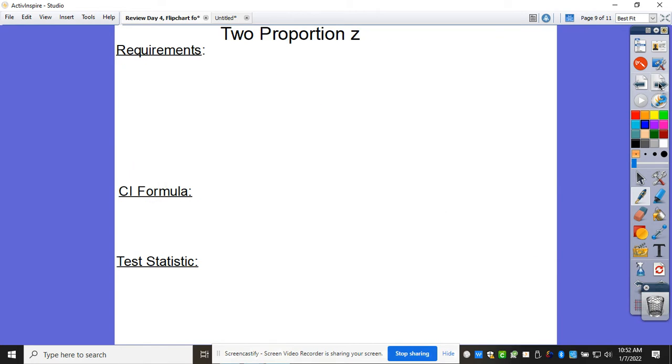At two proportion Z, how's it going to start? Random, same way as we just did it. We're going to have it for two groups.